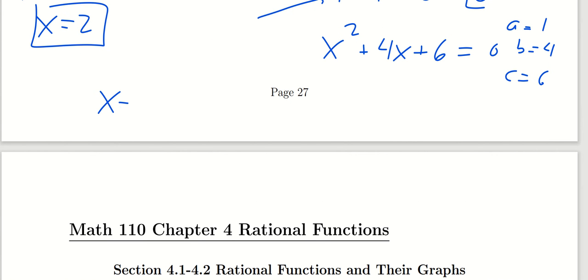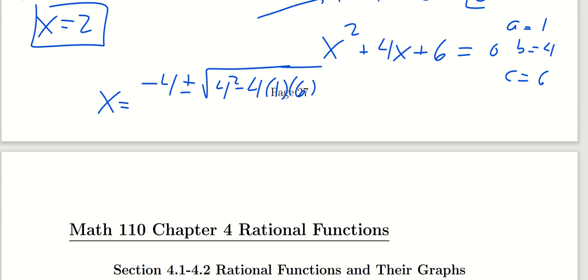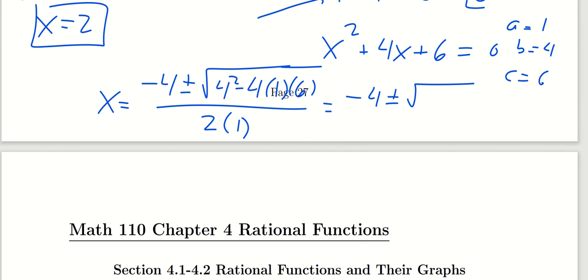It's going to be x equals negative b plus or minus the square root of b squared minus 4 times a times c, all divided by 2 times a. This is going to be negative 4 plus or minus the square root of 16 minus 24, which is negative 8, all divided by 2. If you look at that radical, it simplifies.